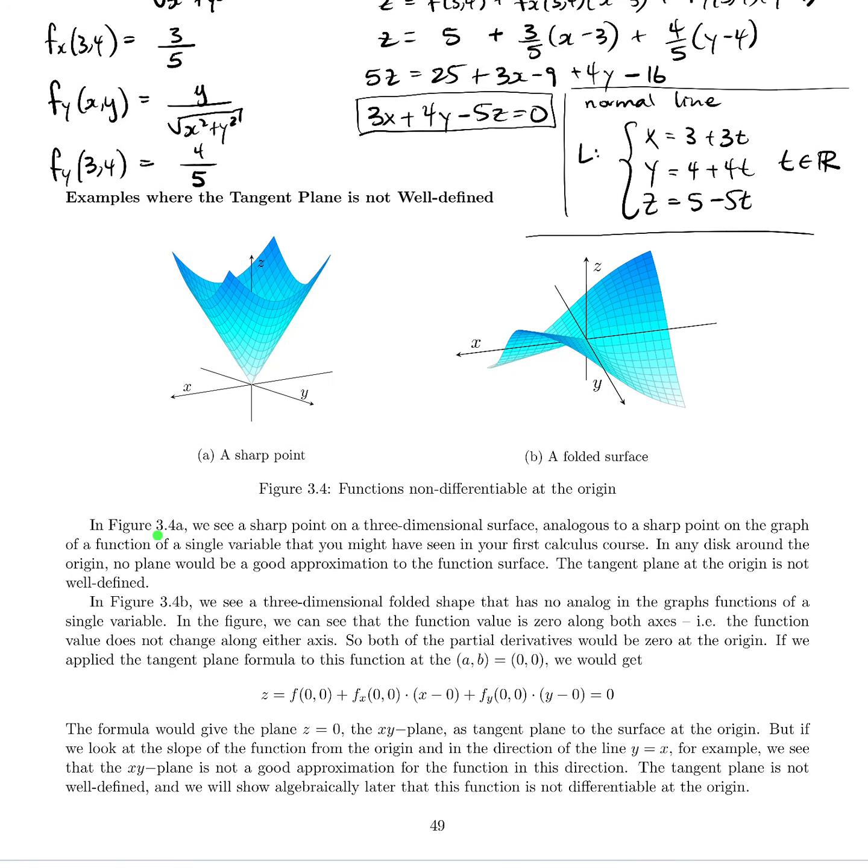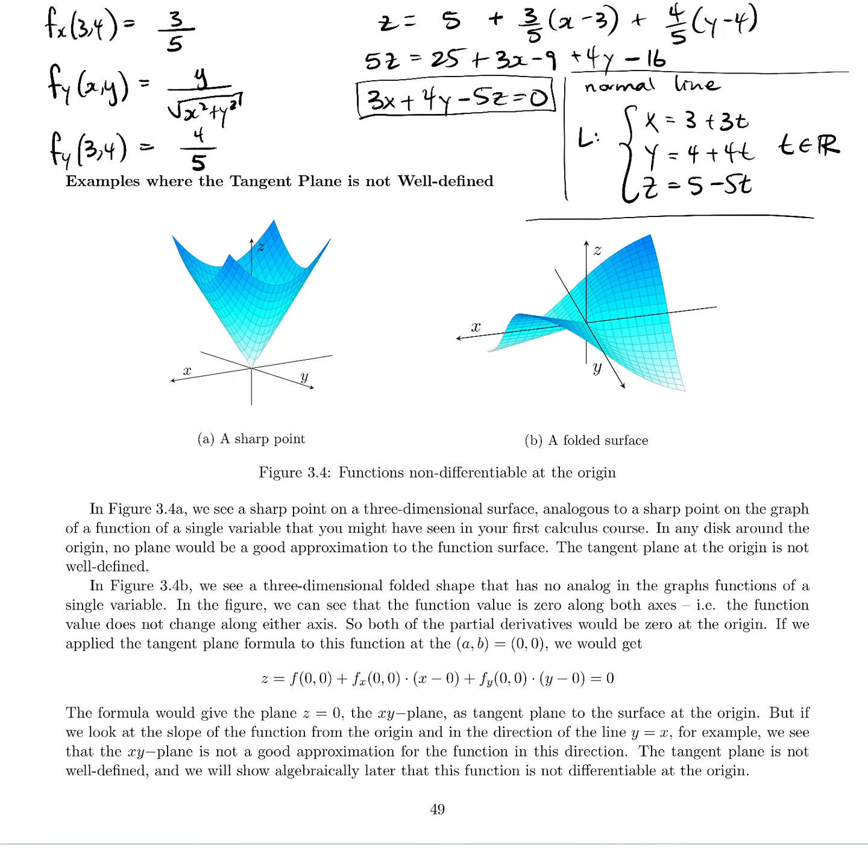So in figure 3.4a, we see a sharp point, which is the analogous kind of surface to a sharp point that you might have seen in your first calculus course. The derivative did not exist in that kind of sharp point in calculus 1 and does not exist in this kind of sharp point in three-dimensional calculus either.